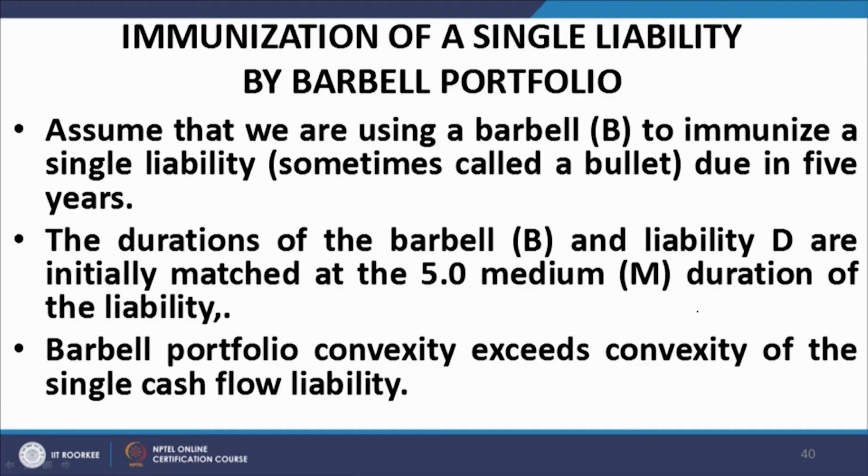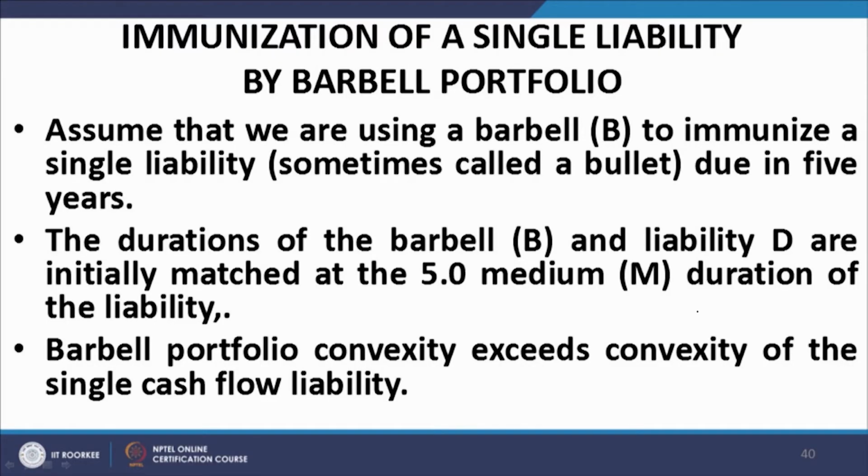So, immunization of a single liability by barbell portfolio. Assume that we are using a barbell B to immunize a single liability, sometimes called a bullet liability, due in 5 years. We are carrying forward the example that we did a few minutes back. The duration of the barbell B and liability D are initially matched at the 5-year medium duration.